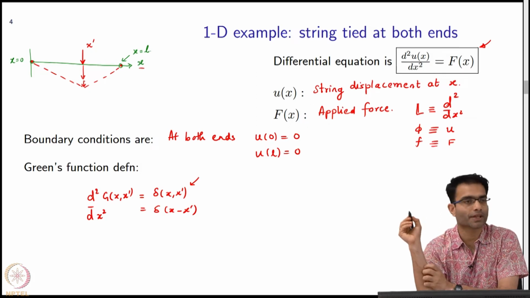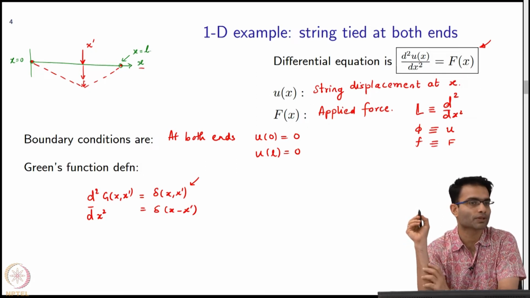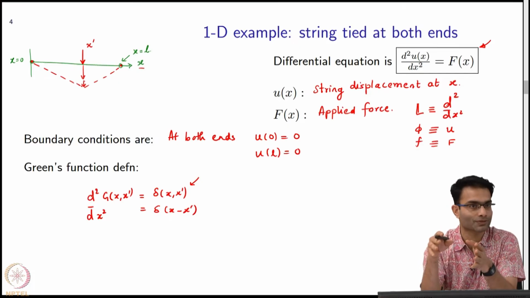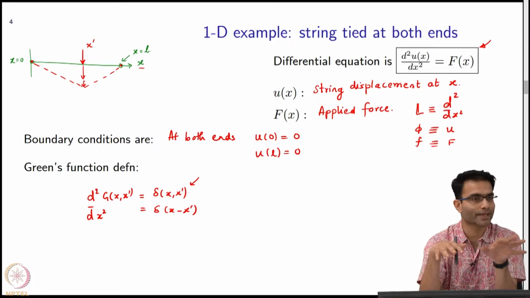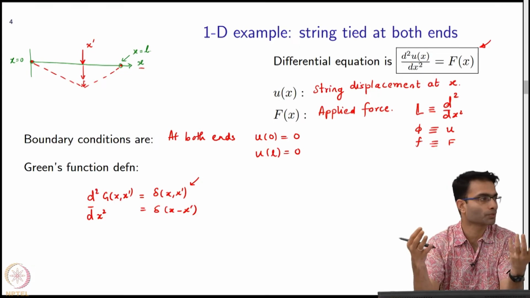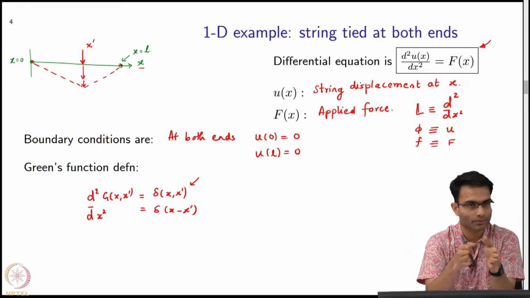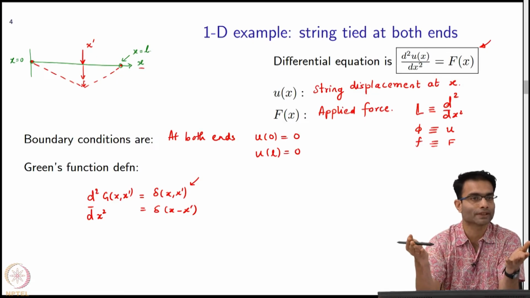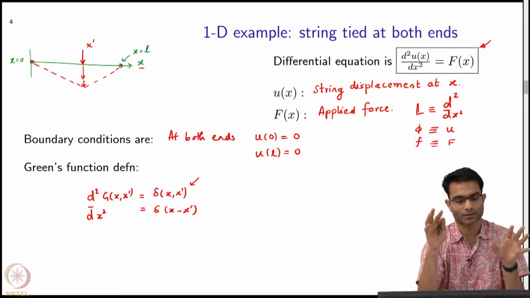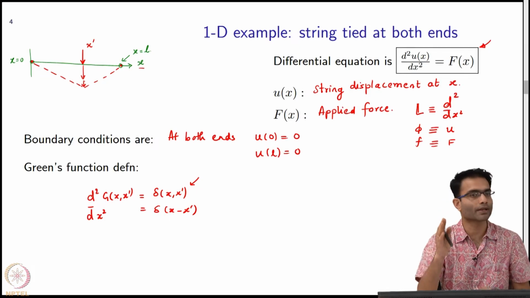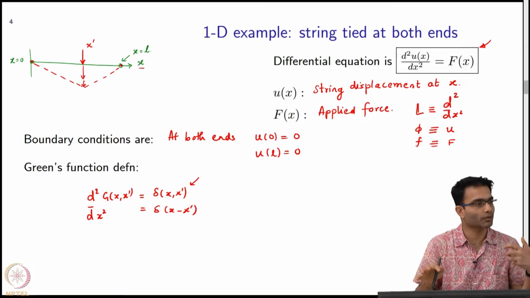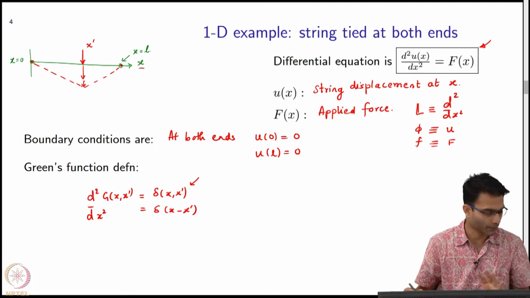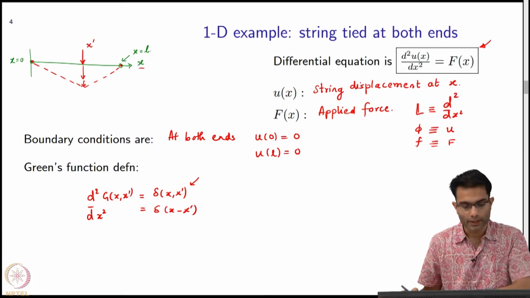A physical interpretation is strictly difficult in this case because I am applying a very large force at a vanishingly small point. To draw a diagram like this is slightly misleading, because the value of the delta function is infinity at that point. But it is just a representation to keep in mind that at one point there is a force being applied to the system, and I want to find out the response of the system.